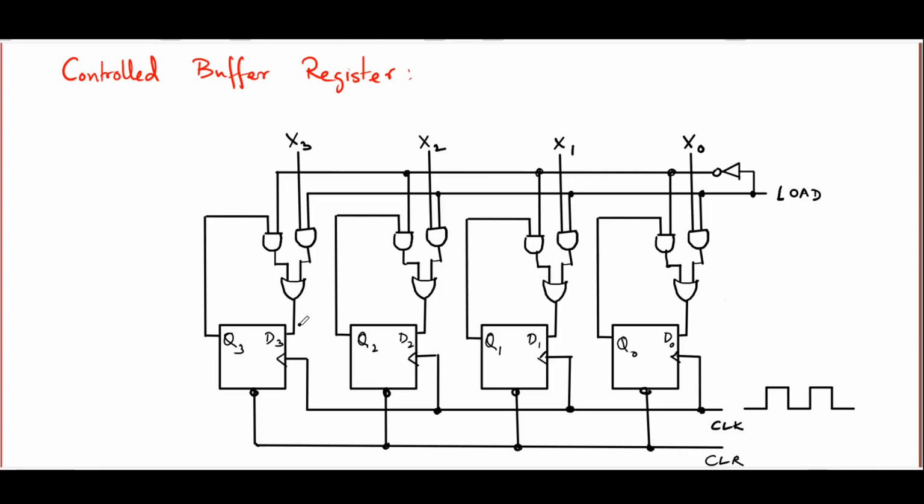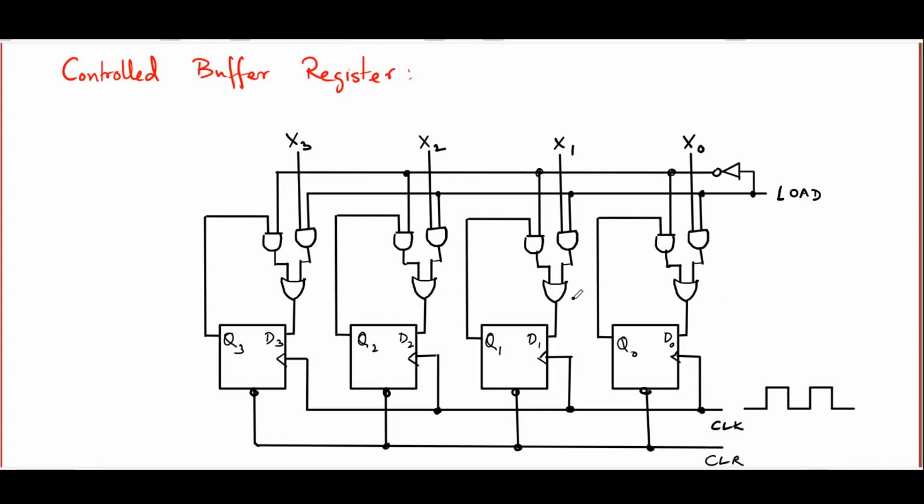So here, as long as this load input is low, the output Q3 of the flip-flop goes back to the input, and hence, irrespective of whether the clock is high or low, or whether the clock has just arrived or not, the output actually stays the same. It just sustains itself, and that happens in each and every one of these flip-flops.